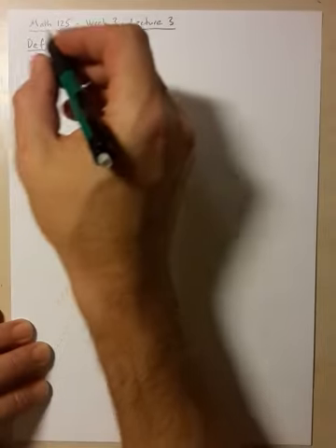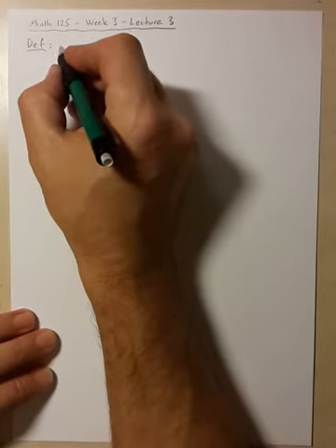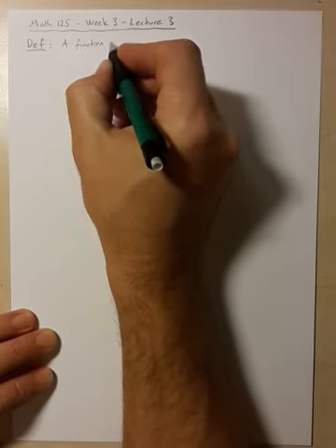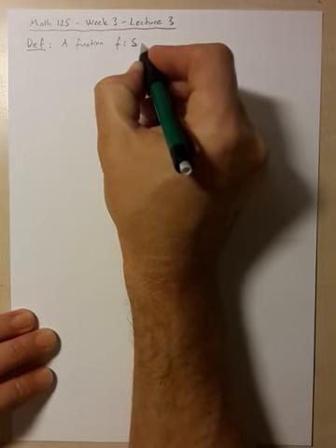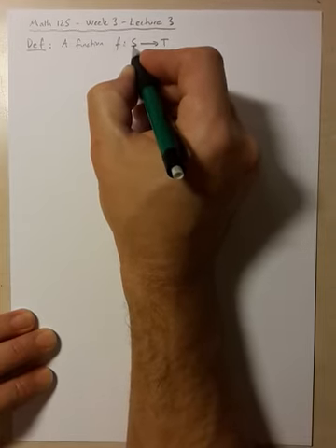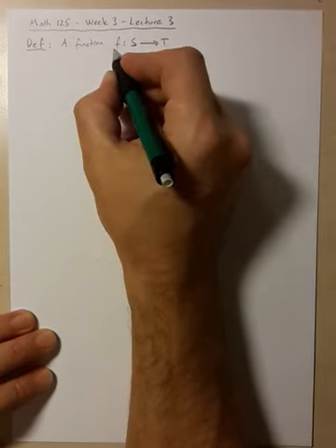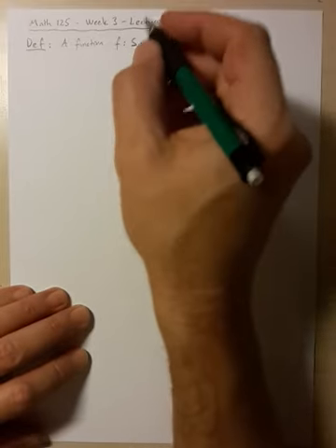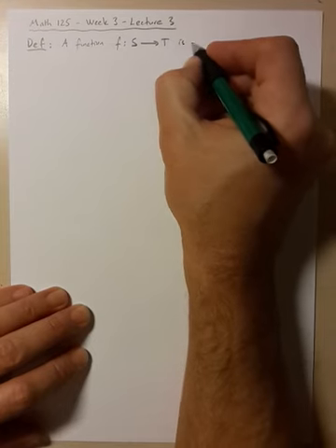Let's now define one-to-one functions. A function, let's say f, remember this notation: S is the domain, T is the codomain of f, and f is the symbol of our function. Such a function is called one-to-one.